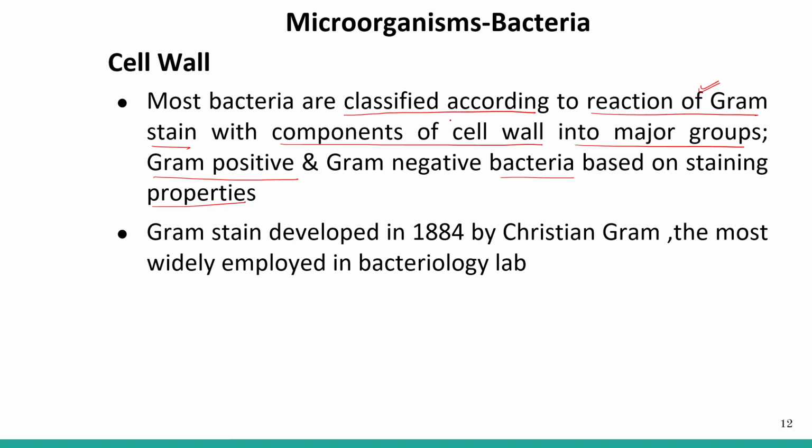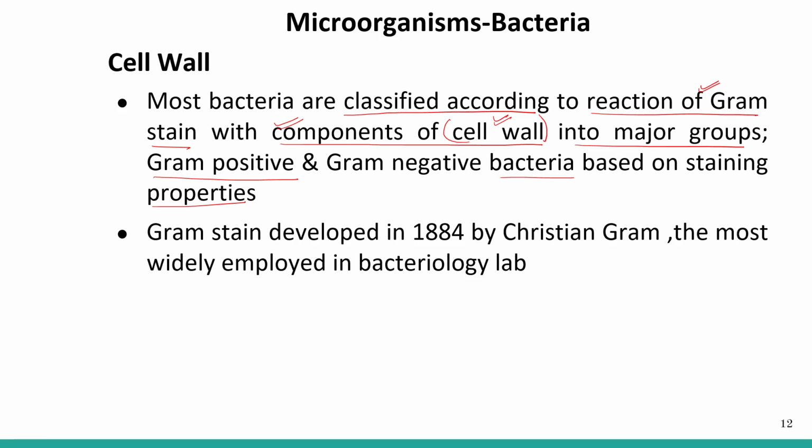So why do some bacterial cells retain the stain while others do not? Because of the components of their cell wall. So the cell wall is responsible for getting stain or not getting any stain.